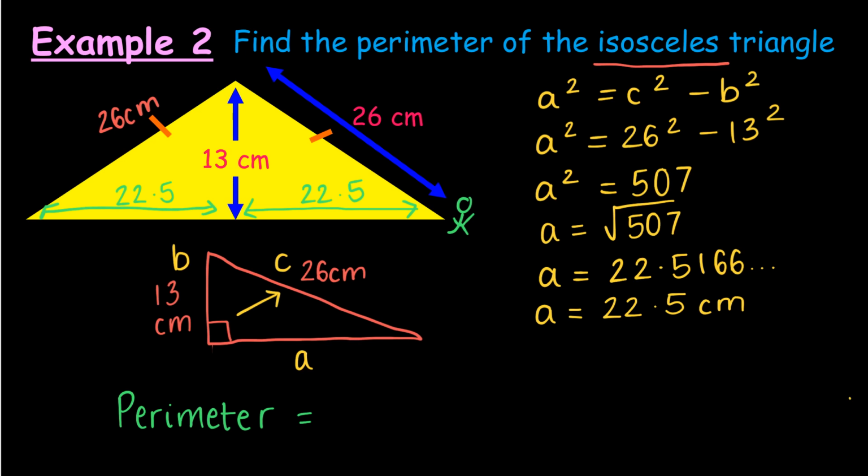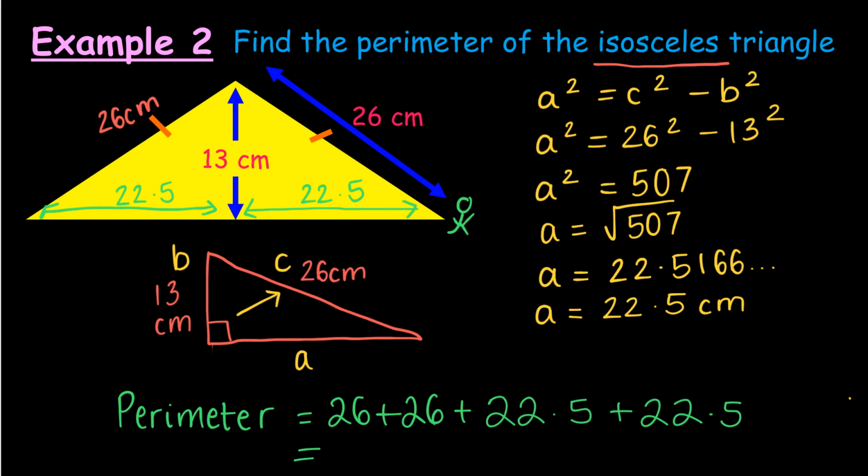It's the height of the shape, but if you were to walk around that shape, you don't walk across the 13. So we're adding together 26 plus another 26 plus two lots of that 22.5 that we've just worked out. So the total perimeter of the shape, or this isosceles triangle, is 97, and it's measured in centimetres.